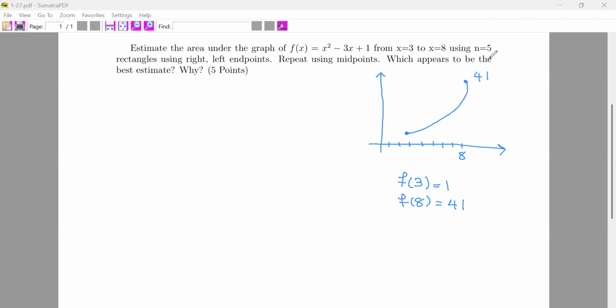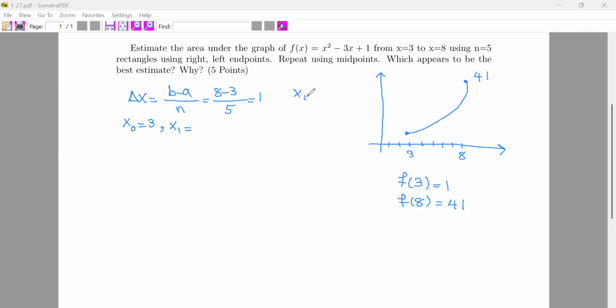So when we want to divide it into 5 rectangles, we are going to use delta x. Here, b minus a over n, which is the main formula, will be 8 minus 3 over 5, which is 1. Starting the first point as x of 0, which is 3, the next point will be adding 1 to the previous one.